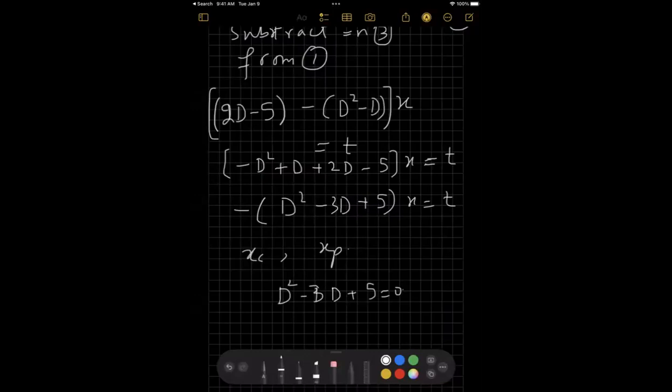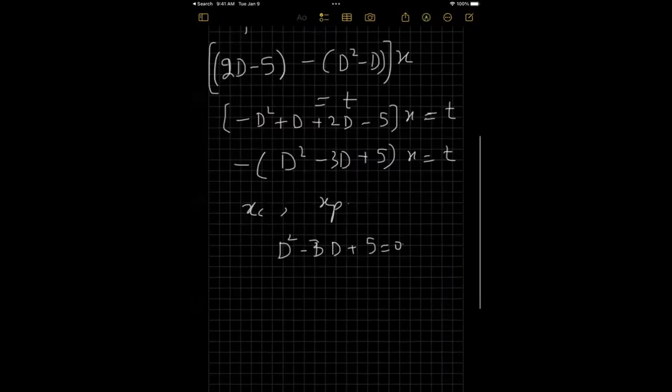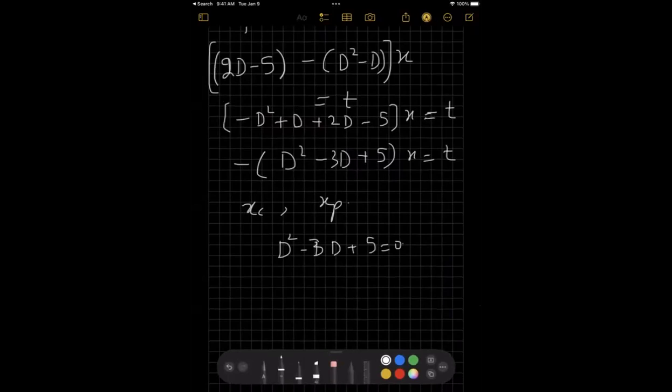Let's derive it. D equals 3 plus minus square root of 9 minus 4ac, which is 20, divided by 2a, that is 2.